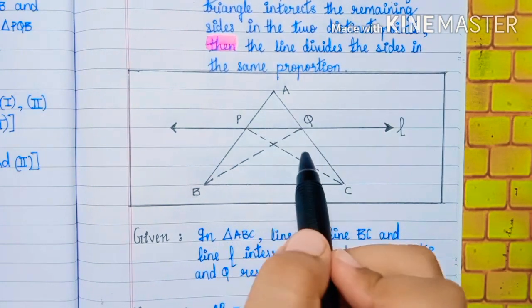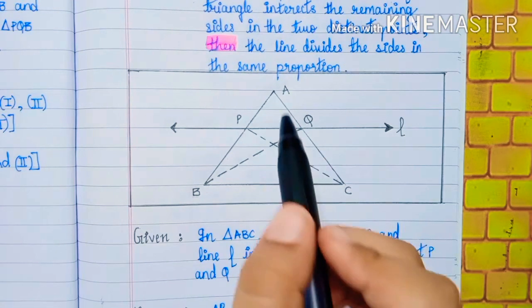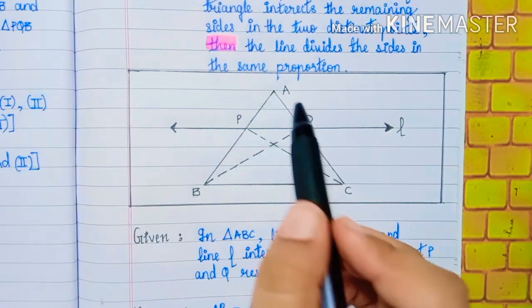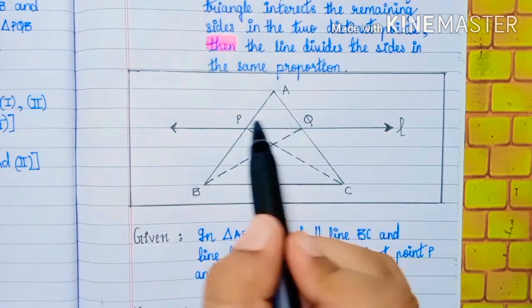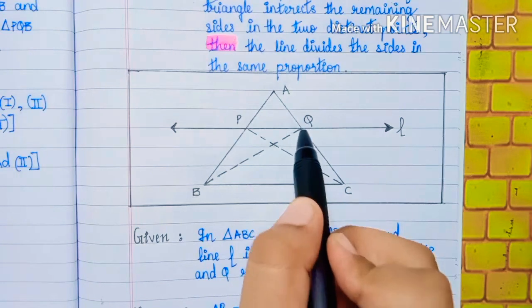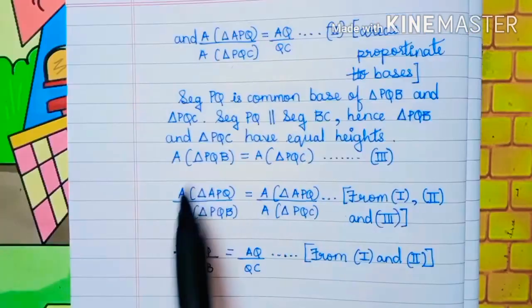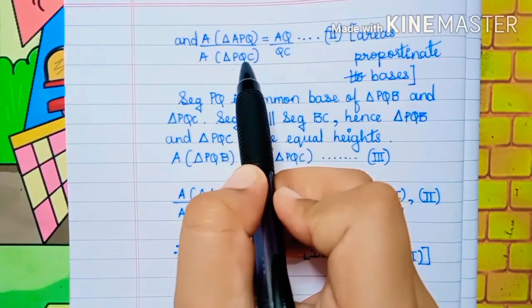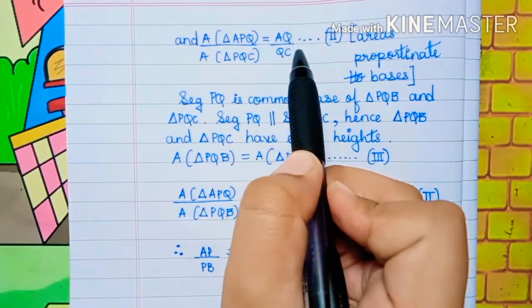So these two triangles have common heights and their bases are AQ and QC. That is why area of triangle APQ upon area of triangle PQC were proportionate to the bases. Therefore we write the areas of these two triangles are proportionate to their bases.